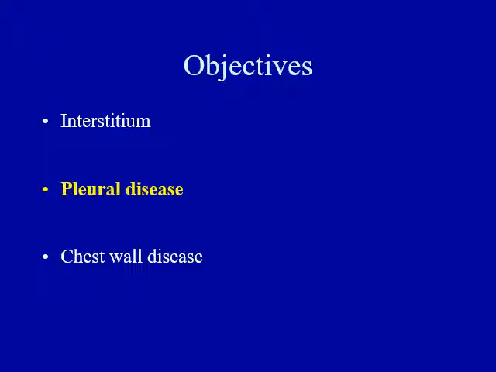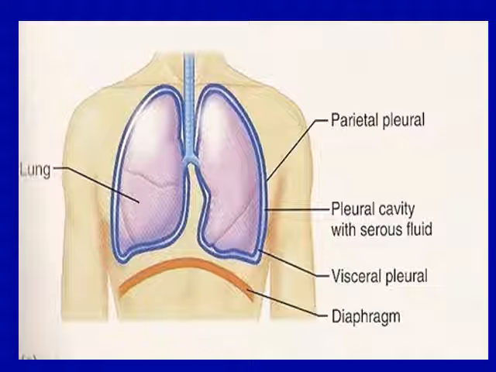So here I finish the interstitial lung disease, then I pass to the other disease, which is pleural disease. This diagram shows the lung which is covered by the visceral pleura, and the other, the parietal pleura, covering the chest wall interiorly.